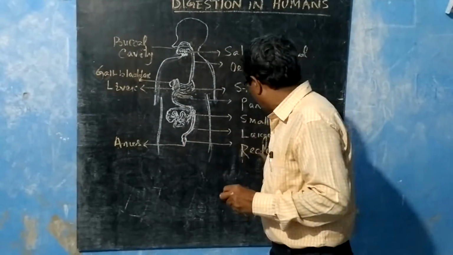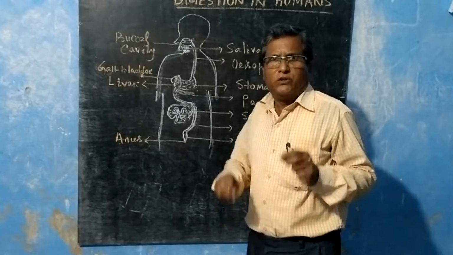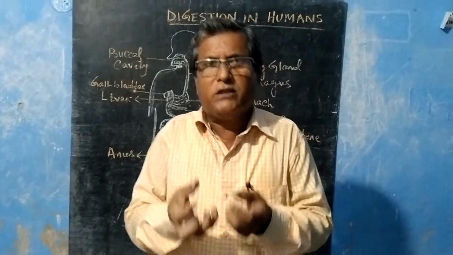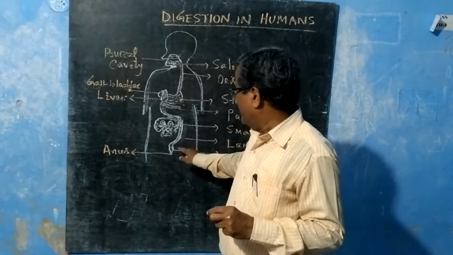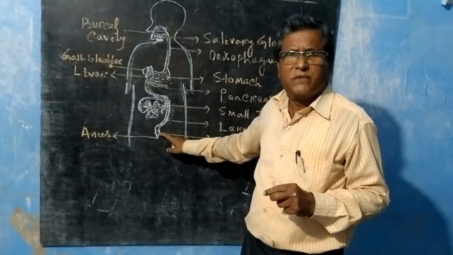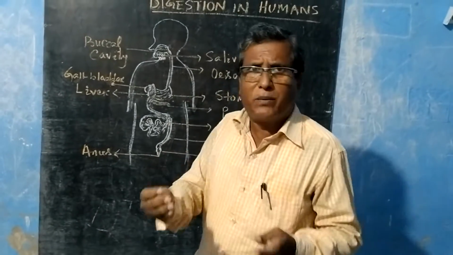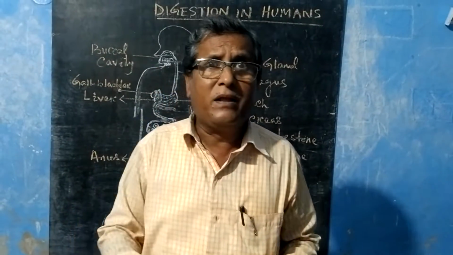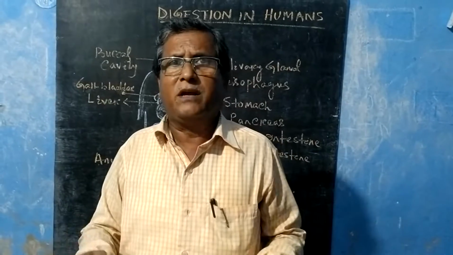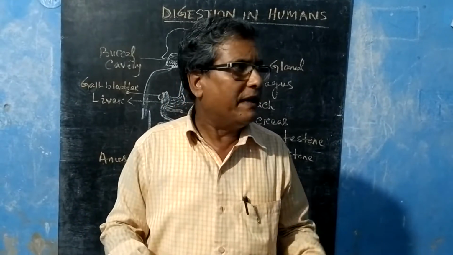The end point is called the rectum. That is called stool, a semi-solid substance with some liquid, stored in the rectum. At different intervals, we remove that feces or stool, and that is called defecation.